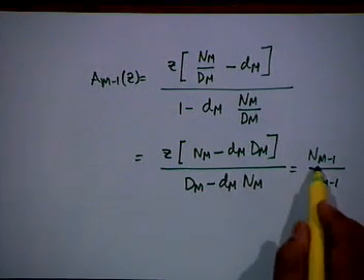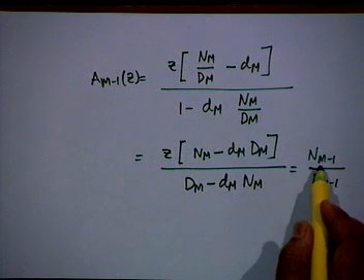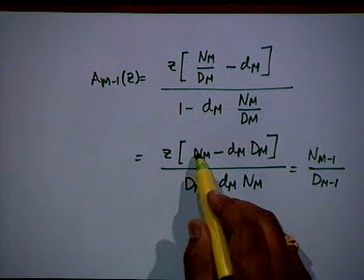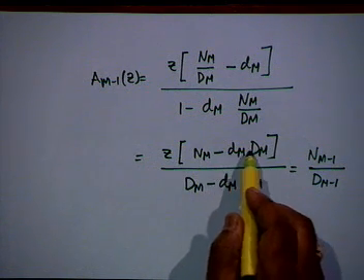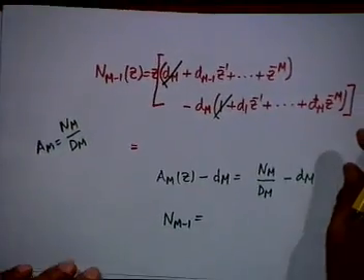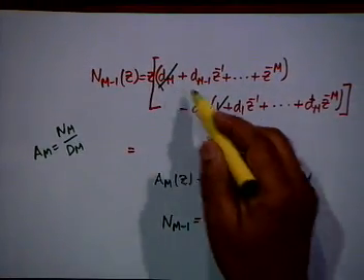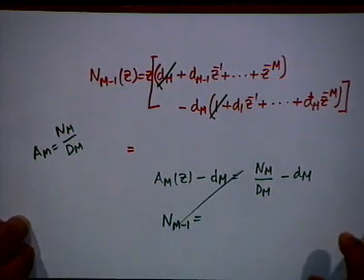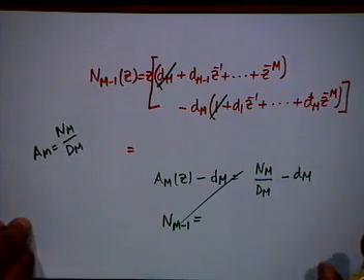Agreed? Therefore, n m minus 1 is given by the numerator of mth order minus dm multiplied by the denominator, and this is what I did here. Okay, so dm and dm cancel, and what do I get after simplification?